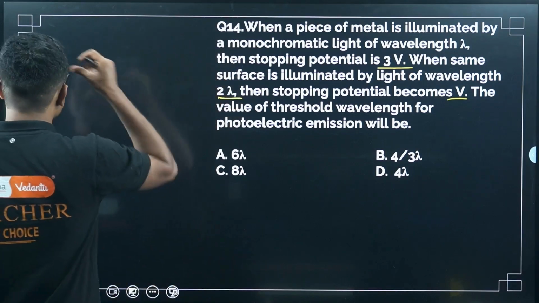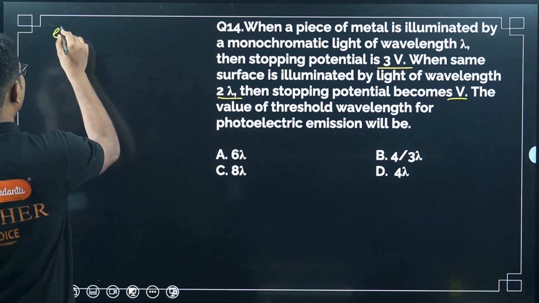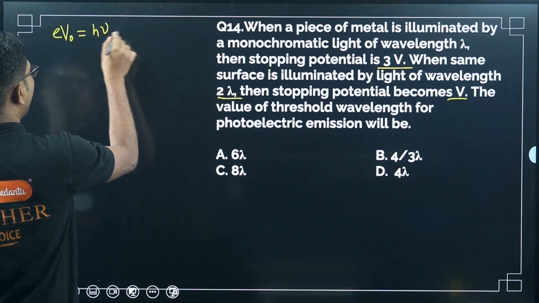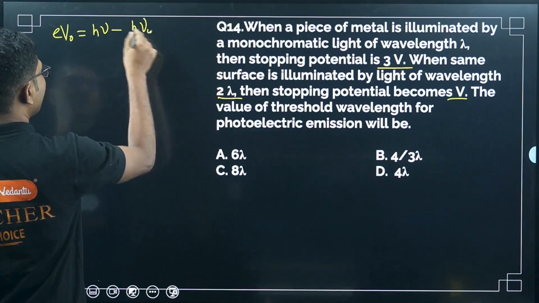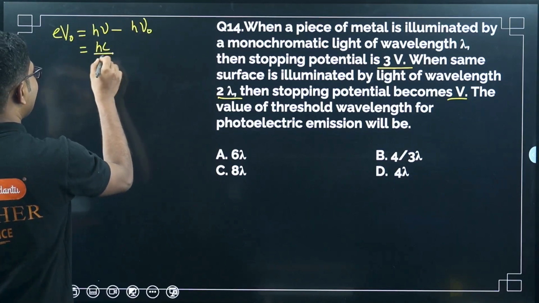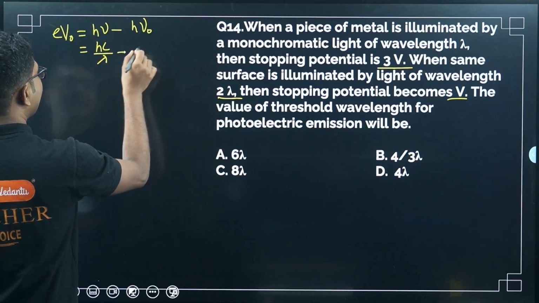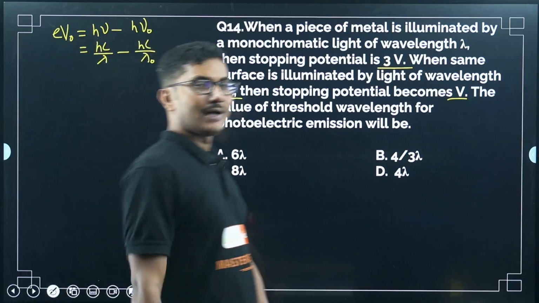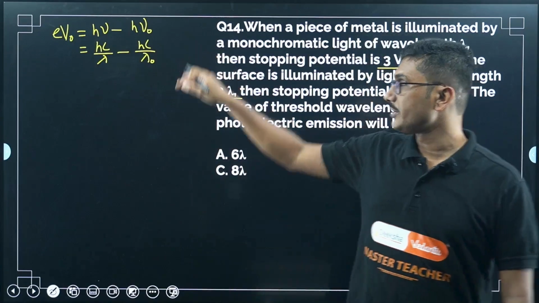So, in terms of threshold frequency, Einstein's equation becomes h nu minus h nu naught. And then we can write this as hc by lambda minus hc by lambda naught, right?